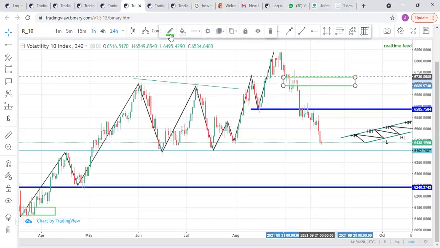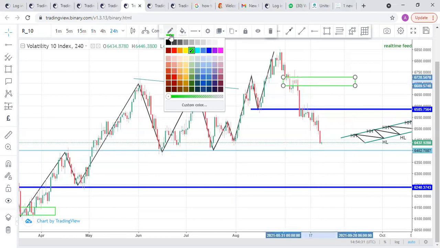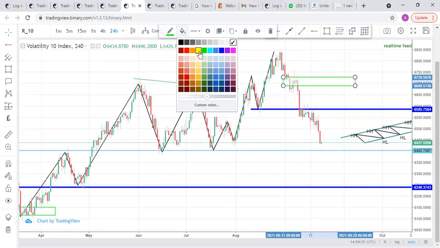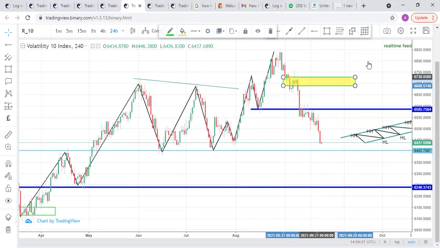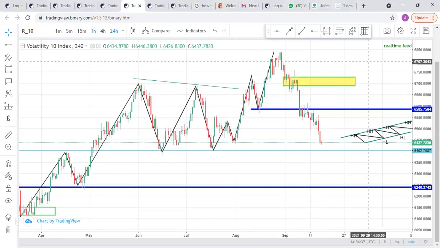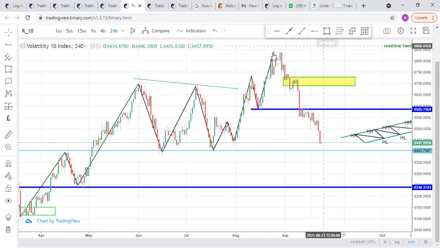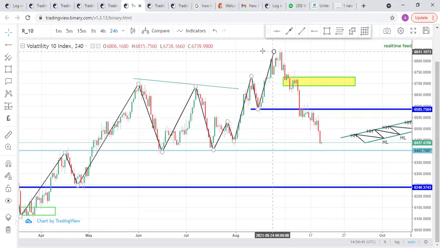Sorry, let me quickly change that. So that's an institutional candle zone. Let me mark the areas the buy might actually come and take place from.